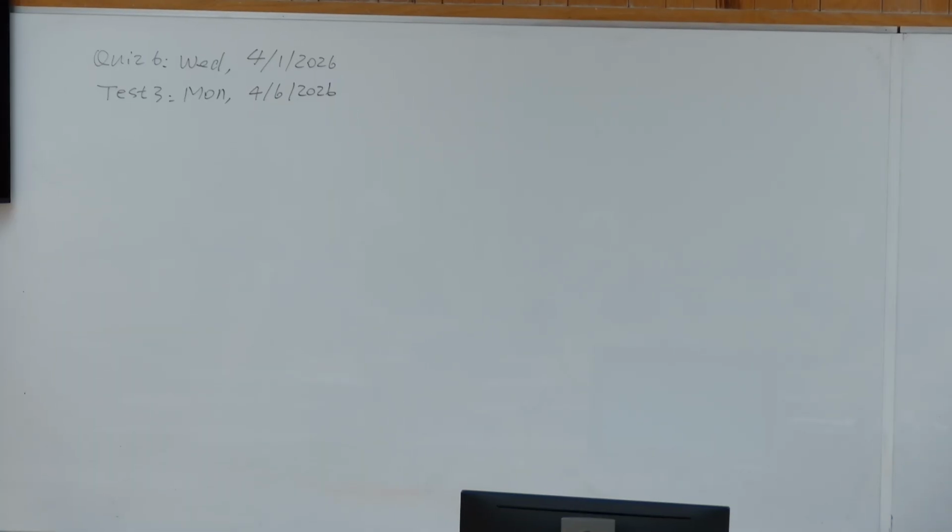Question 26 asks you to determine the amount of heat in kilojoules given off when 1.26 times 10 to the fourth power grams of NO2 are produced according to this equation.